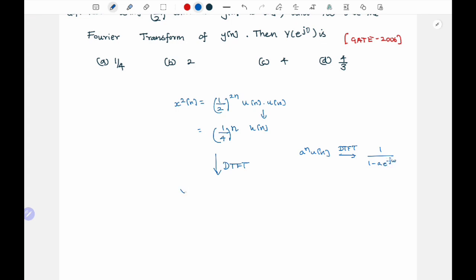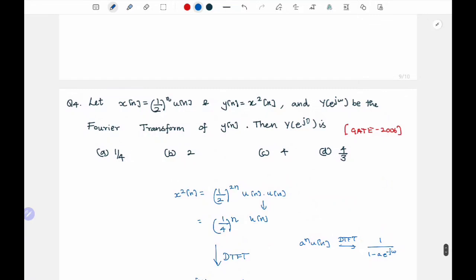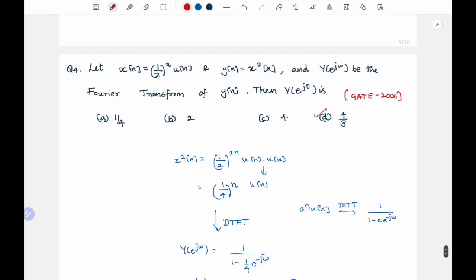So your Y of e power j omega will be nothing but 1 by 1 minus 1 by 4 e power minus j omega. Y of e power j0 is 1 by 1 minus 1 by 4, which is nothing but 4 by 3. So correct answer is option D.